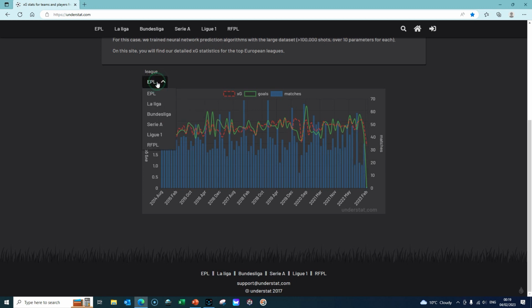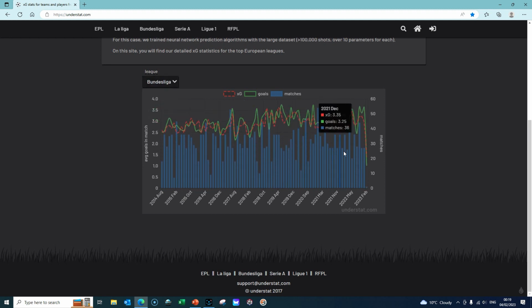Let's switch our attention to the other big scoring league, which is the Bundesliga. You can see the Bundesliga is actually performing really well at the moment. The Bundesliga has always been a league for goals. If we go way back to September again, so roughly 28 matches played, 2.46 goals, just over 2 goals a game. Then they went to 3 goals a game in October after 44 matches.